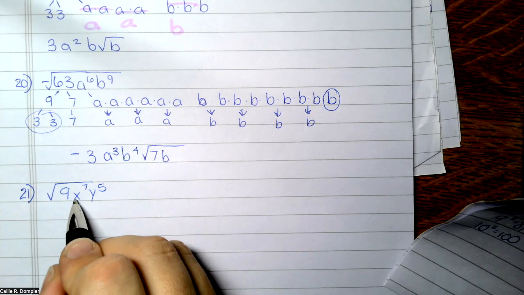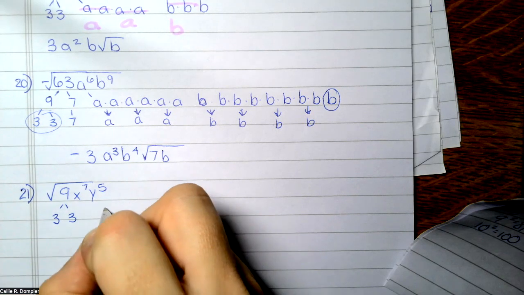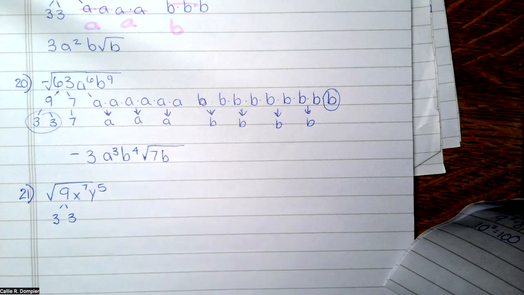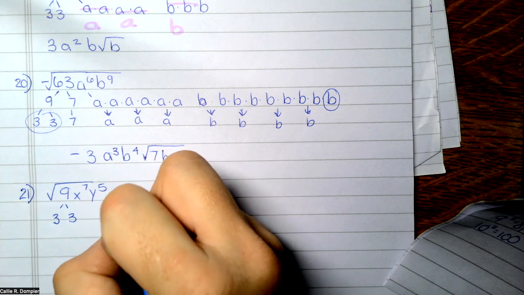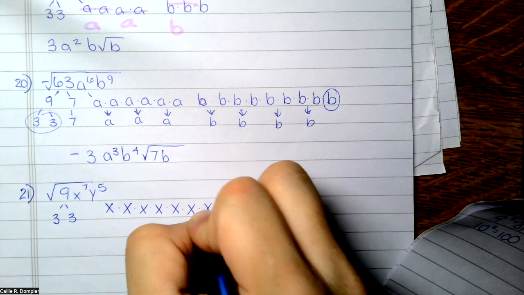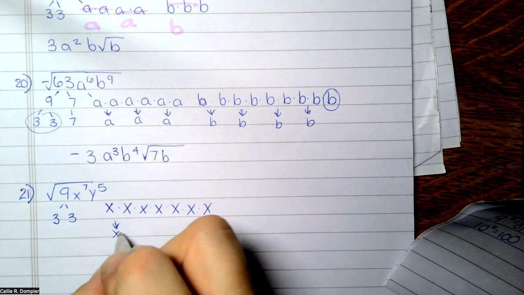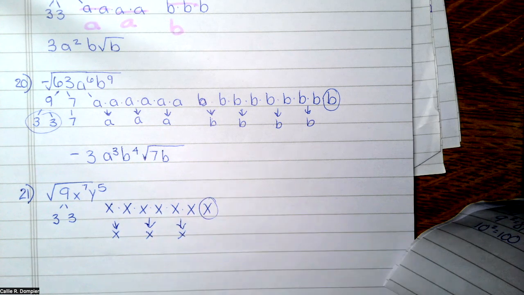21 is the square root of 9, x to the seventh, y to the fifth. 9 becomes 3 and 3. X to the seventh is 7 x's. So we have 1, 2, 3, 1 left over.